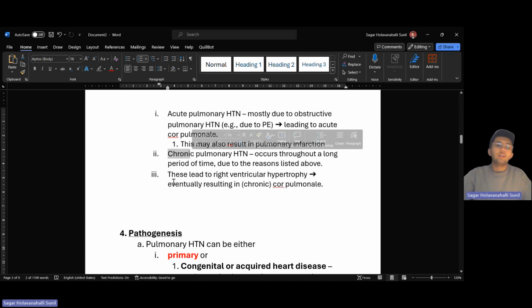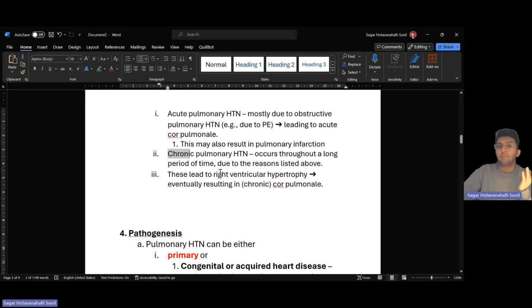So one very important thing that you see in pulmonary hypertension, as opposed to systemic hypertension, right, is that in pulmonary hypertension, you have a very high chance of seeing right ventricular hypertrophy because you have hypertension in the pulmonary artery, right? And the first one that gets exposed to this high pressure is mainly the right ventricle, right?